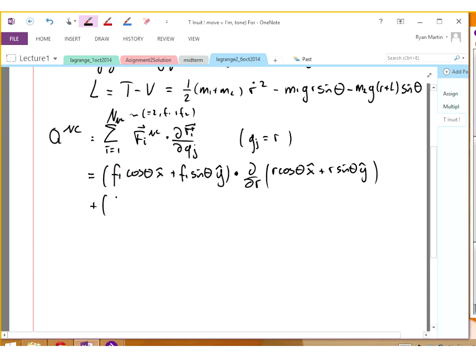And then the second term, so the components of the F2 force will look the same, so F2 has a cos theta x hat component, F2 sine theta y hat, and that's dotted with ∂ by ∂r of, now the second force is applied on the second mass, and so the second mass has x position (r plus L) cos theta x hat plus (r plus L) sine theta y hat.